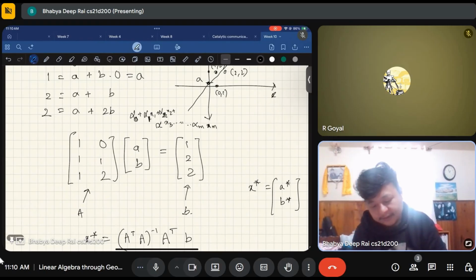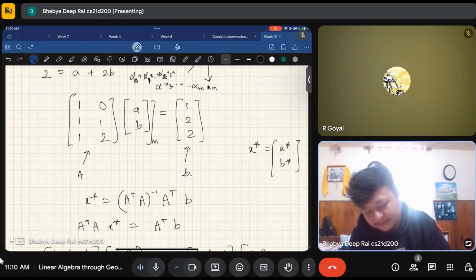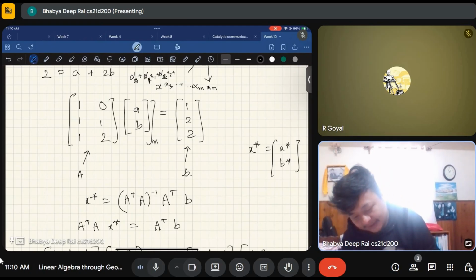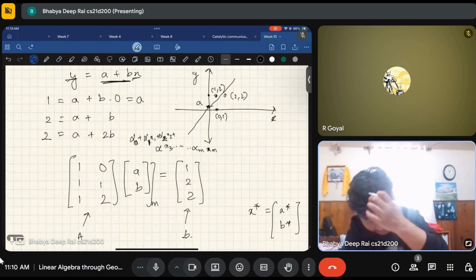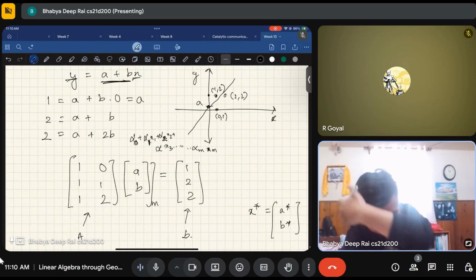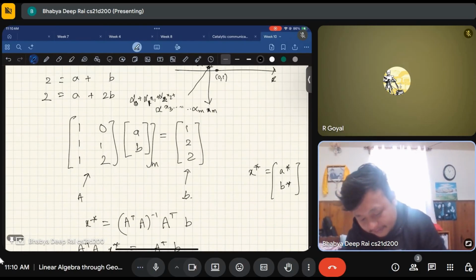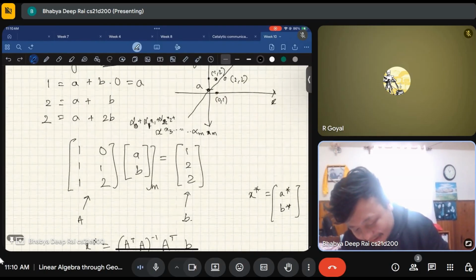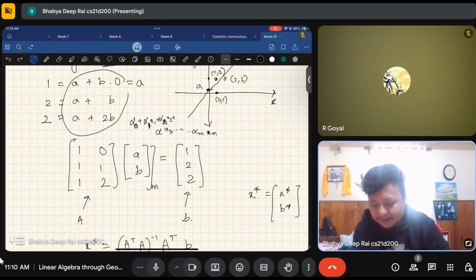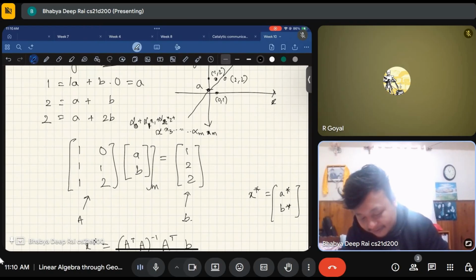So this will be m tall, and the matrix will be accordingly changed now. The matrix computation will be a bit more complex than this, because now it's not simply a plus b and so on. The coefficient of a is 1, but what about the others?